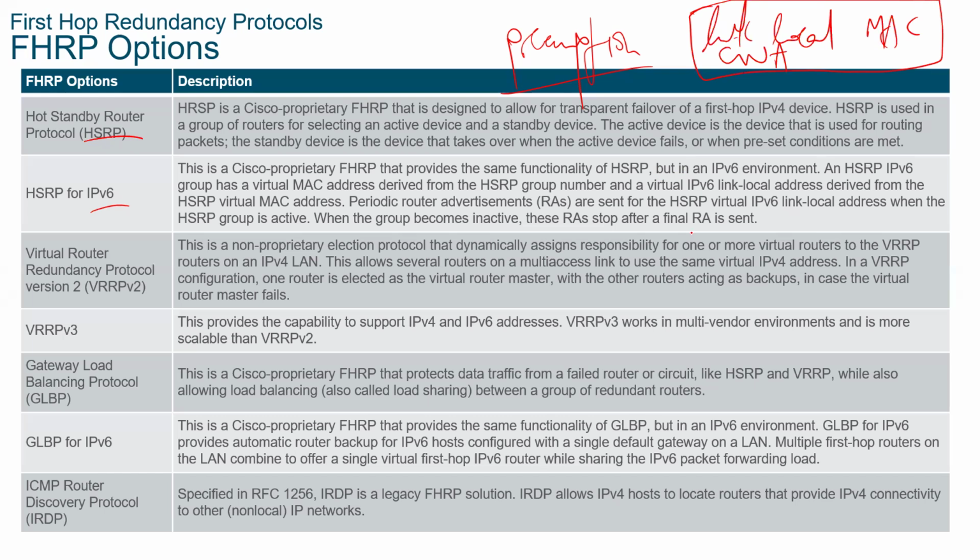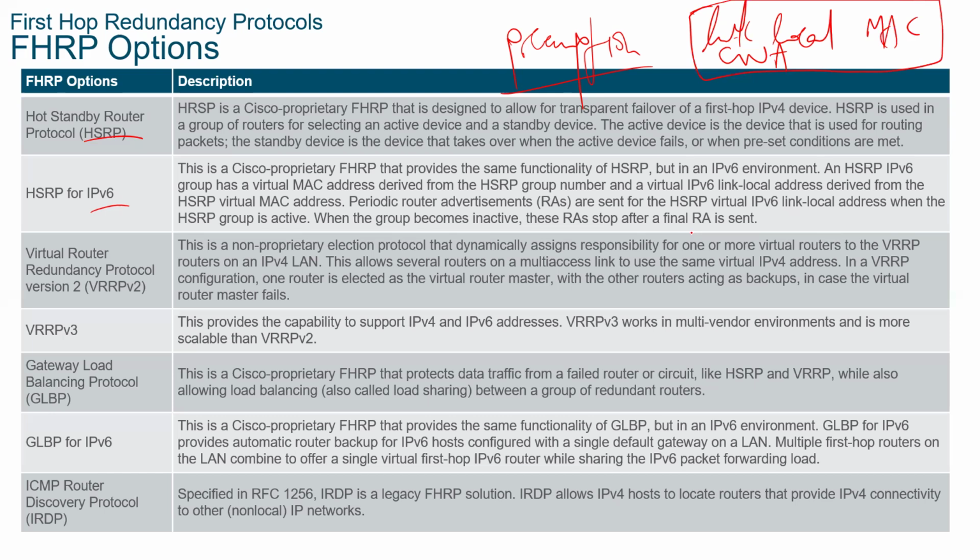Then we have the Virtual Router Redundancy Protocol, non-proprietary. That's an open standard protocol. Multiple vendors can use that one. It also uses the same concept here, a virtual IP address. Not much difference. I think the difference between that one and HSRP, the proprietary one, is, number one, the default timers, number two, that one uses active and standby mode.